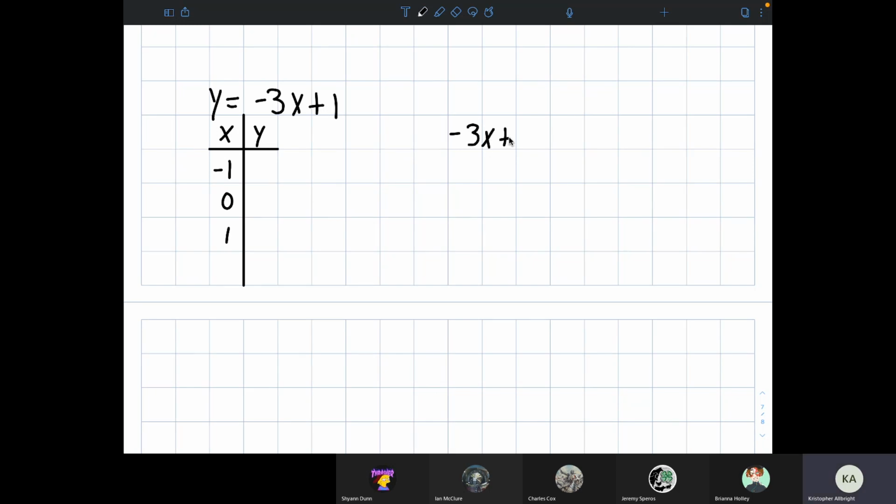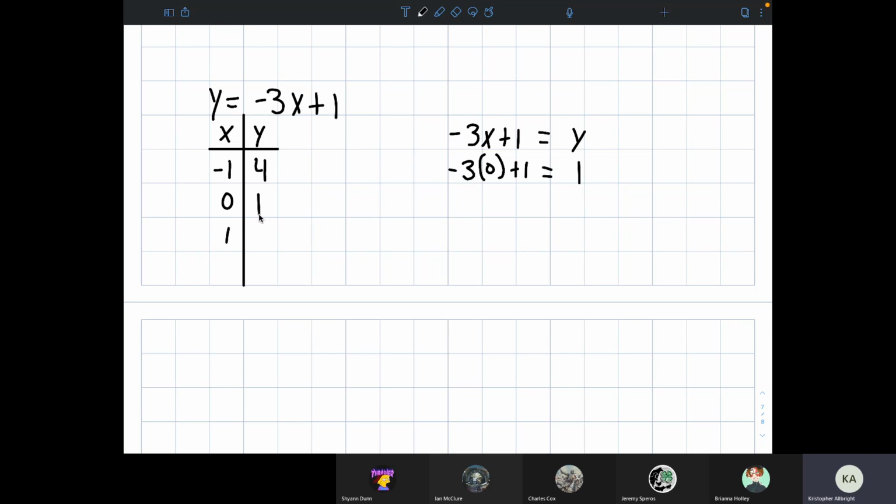Negative 3x plus 1 equals y. Negative 3 times negative 1 plus 1 equals y. So we get positive 3 right here, plus 1 is 4. So I'm going to put a 4 right here. Now we do 0. Now we plug in, we get 0 plus 1, which is going to give me 1.